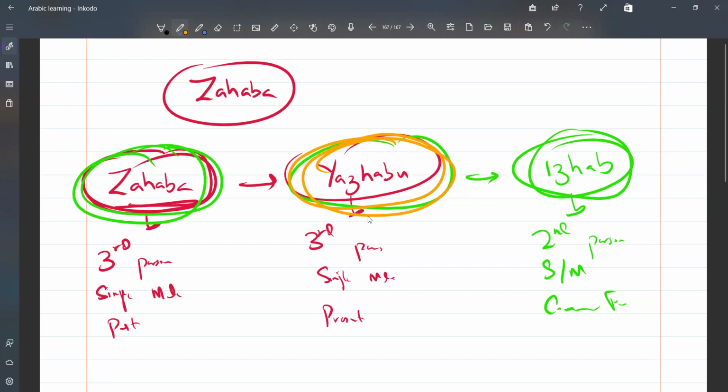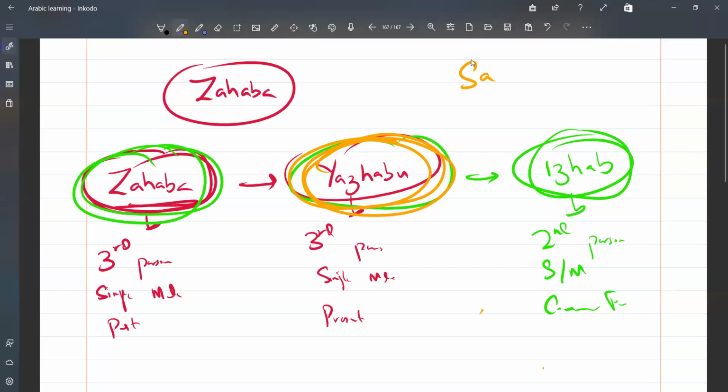But to differentiate between whether this variation is for present tense or for future tense, we add the letter sa. So basically, the letter sa is added in front of the present tense variation to make it into future tense.